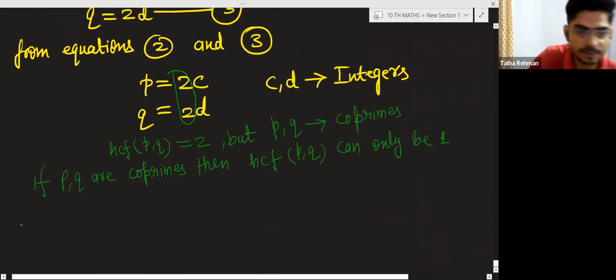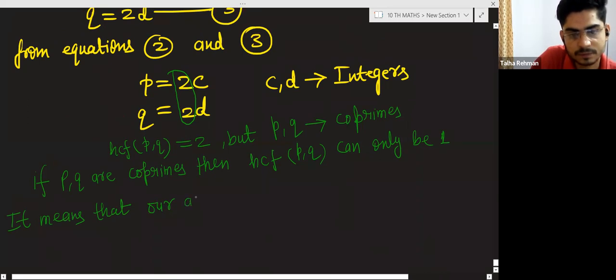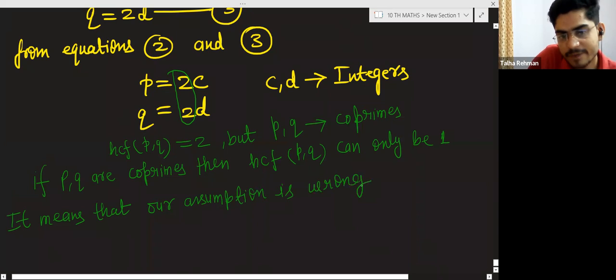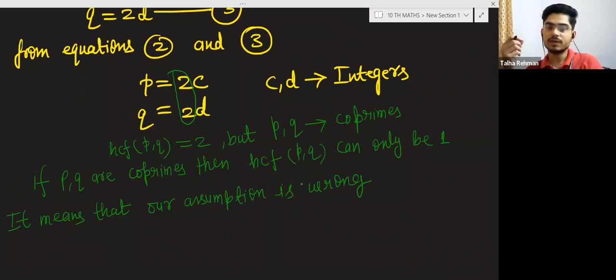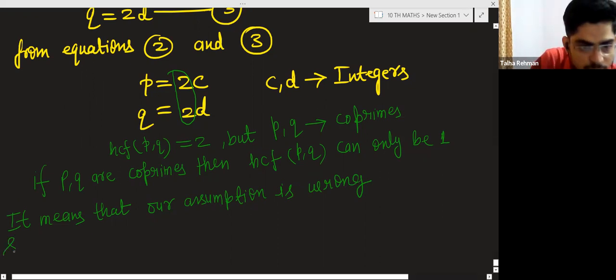So we can say, our assumption is wrong. What have we assumed? Our assumption was that root 2 is a rational number. So we were wrong. What is right?